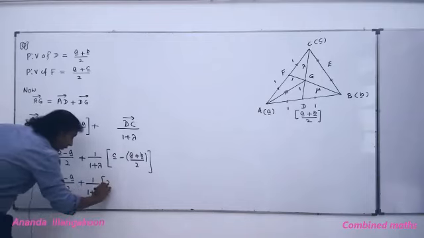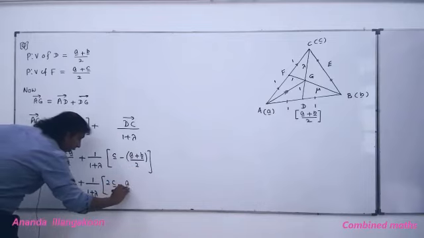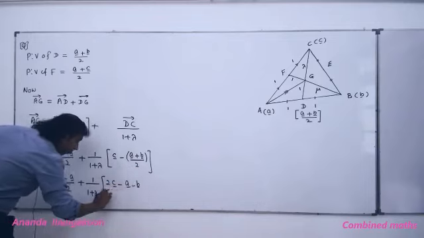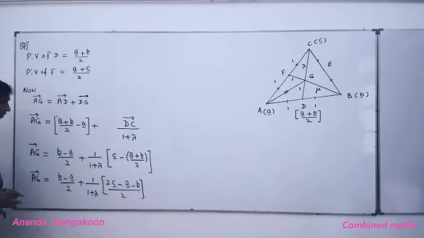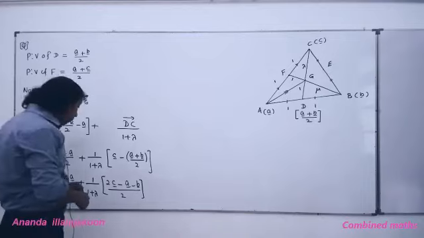Here take (2C minus A minus B) by 2. We get the AG vector like this. Okay, no? Right. Now this is number 1.